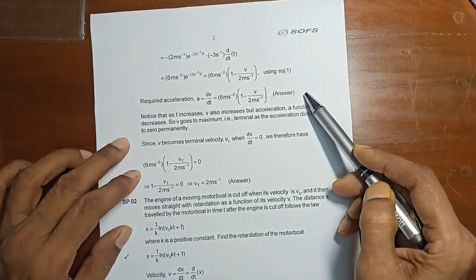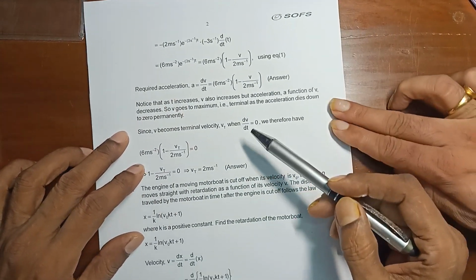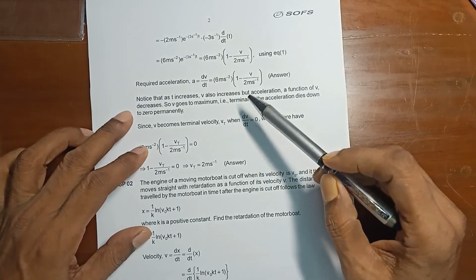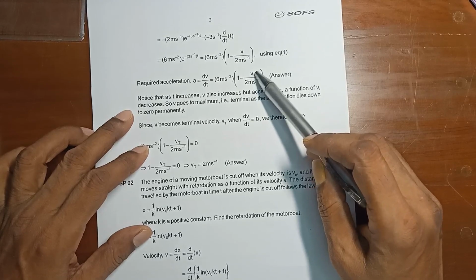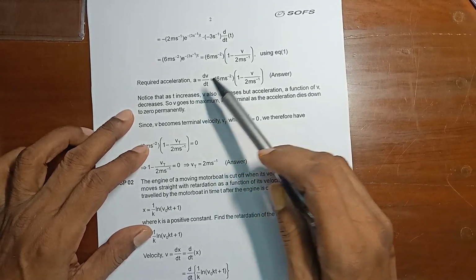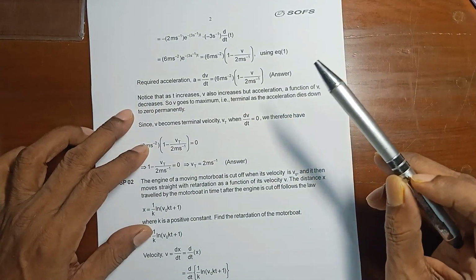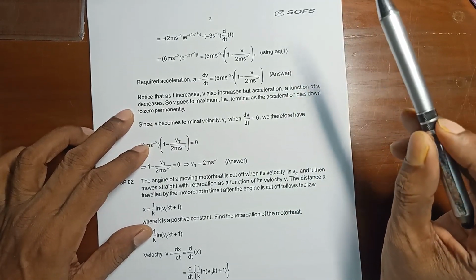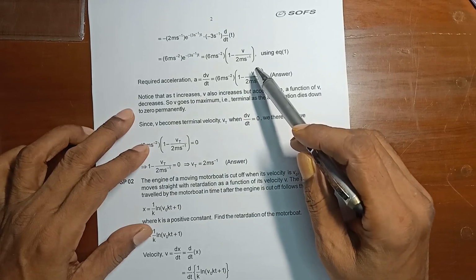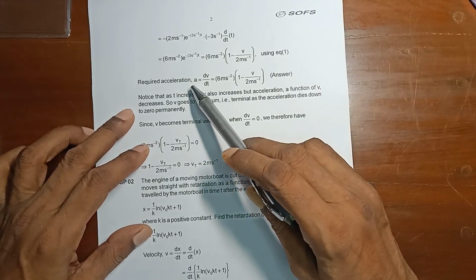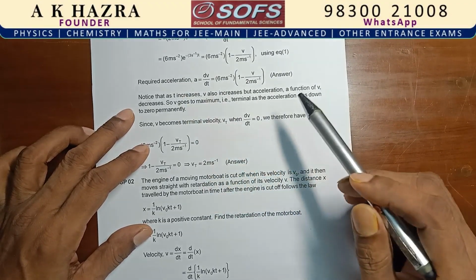It is the answer. Now already explained, if you see the acceleration equation, then when velocity gradually increases, acceleration decreases. Similarly, you see the velocity equation. When time increases, velocity increases. So clearly the velocity becomes maximum when the acceleration becomes 0. That is when dv/dt is equal to 0.